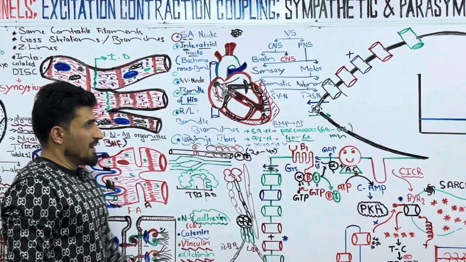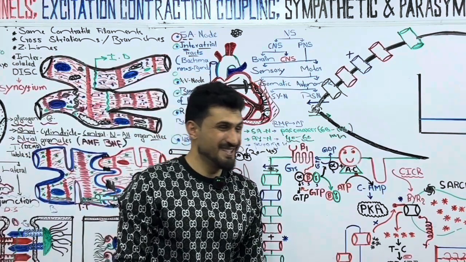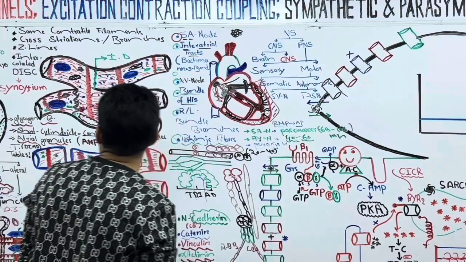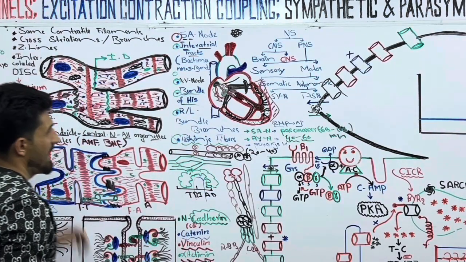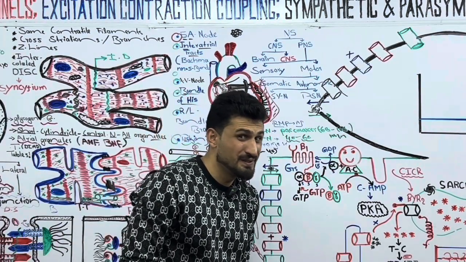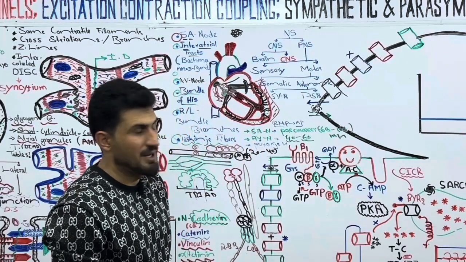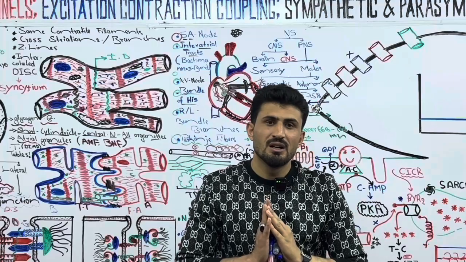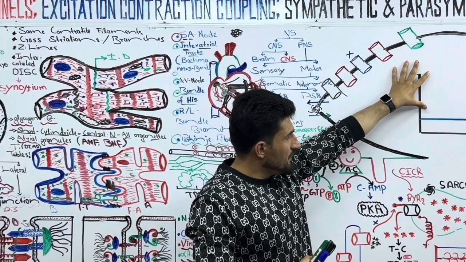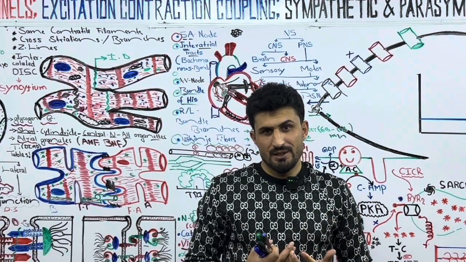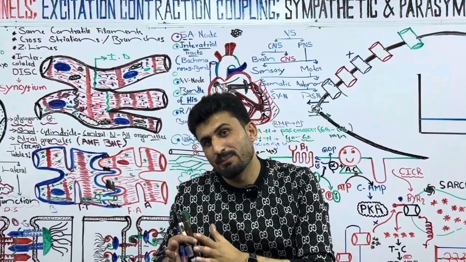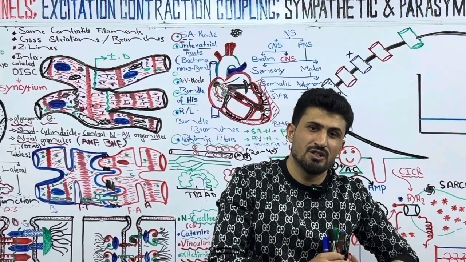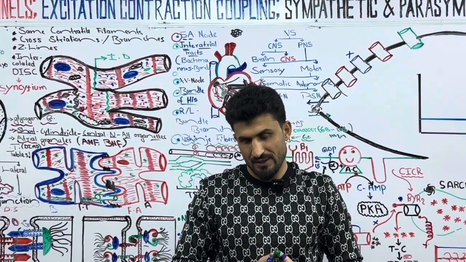So now, the last part of this topic. Let me talk about depolarization and repolarization of the cardiac muscles. First of all, listen to me carefully. I'll explain how the SA node goes from the resting membrane potential to action potential spontaneously.